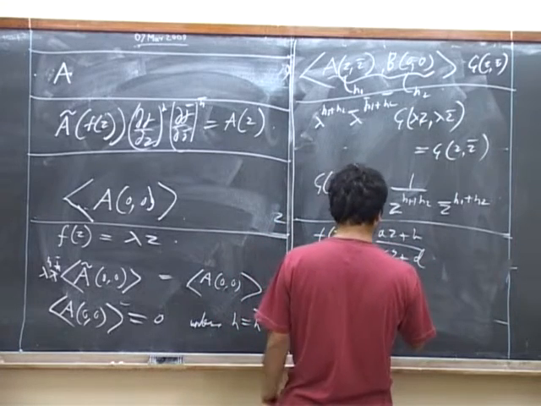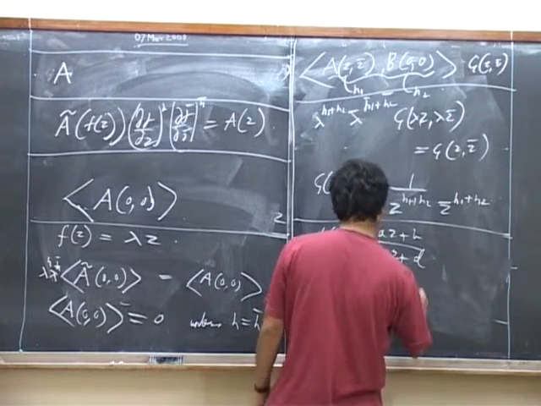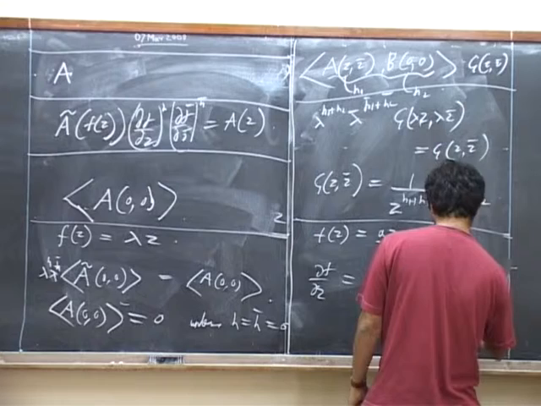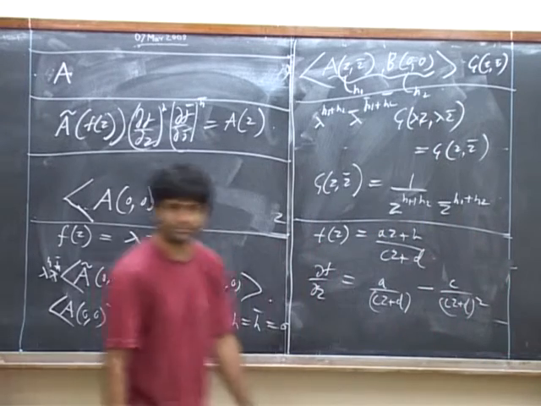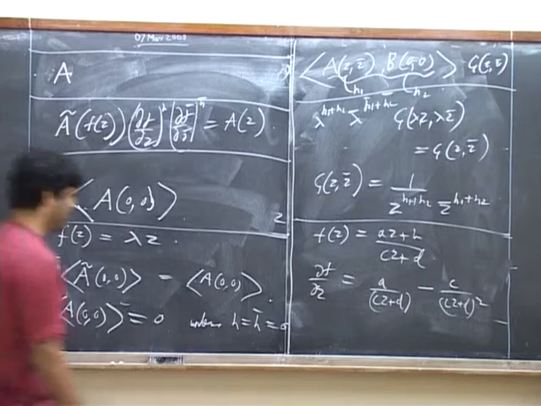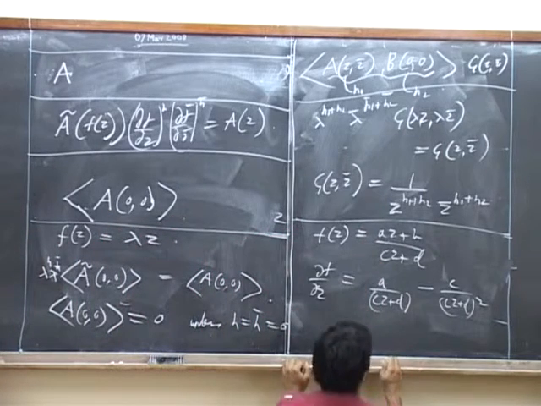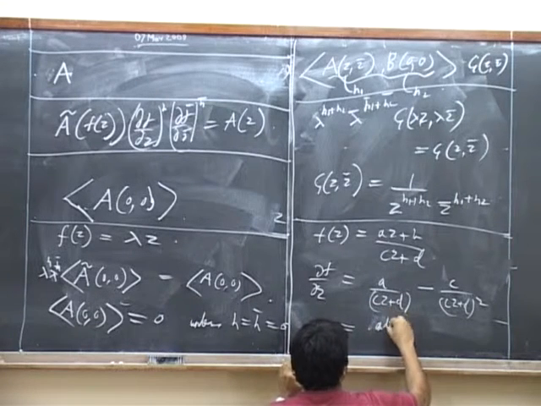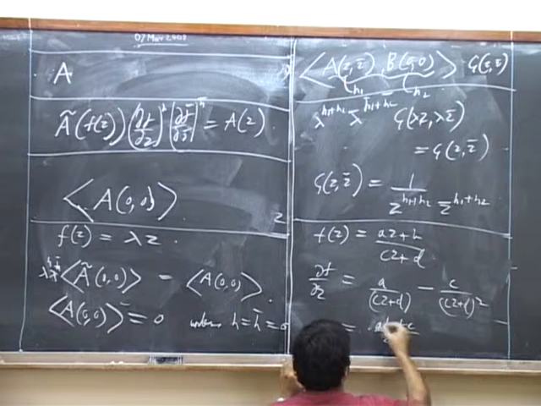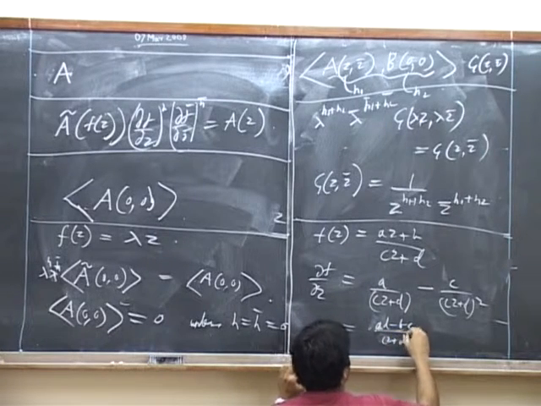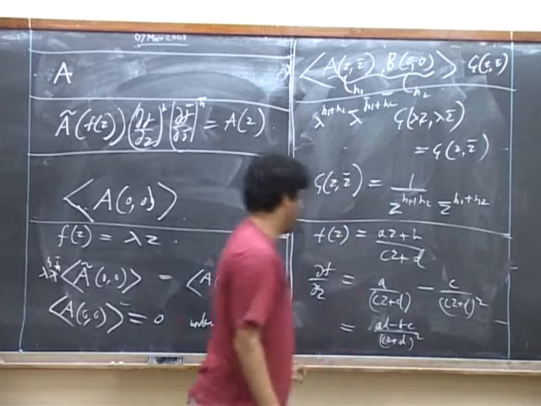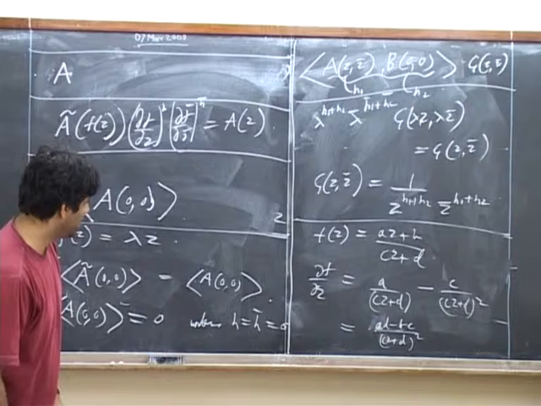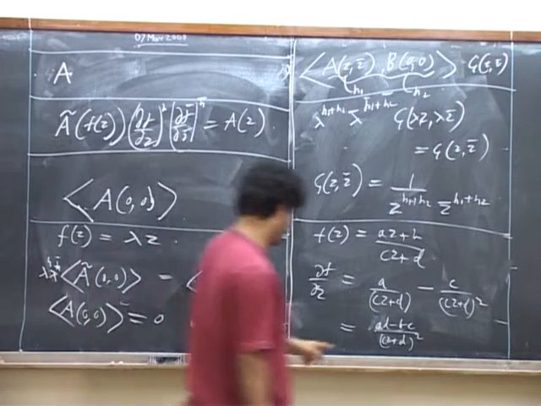So the first term is a over (cz plus d), and then you get minus c times (az plus b) over (cz plus d) the whole thing squared, which you can simplify to (ad minus bc) over (cz plus d) squared.